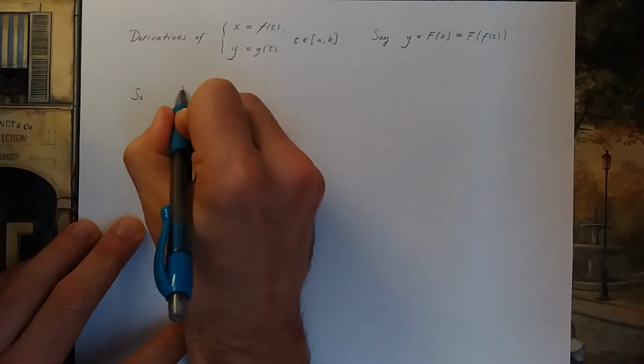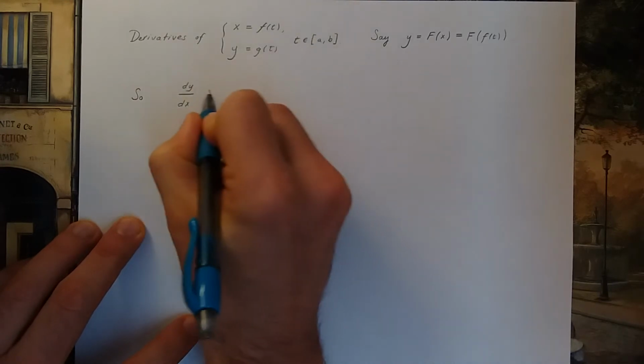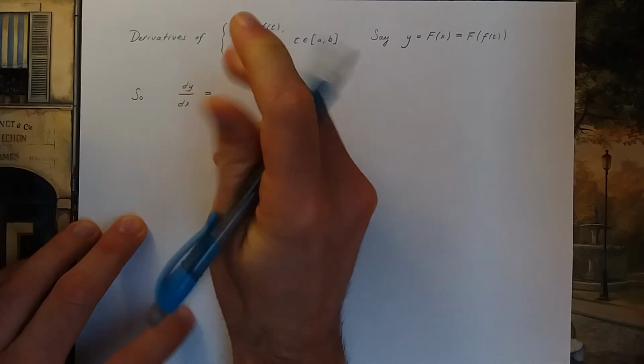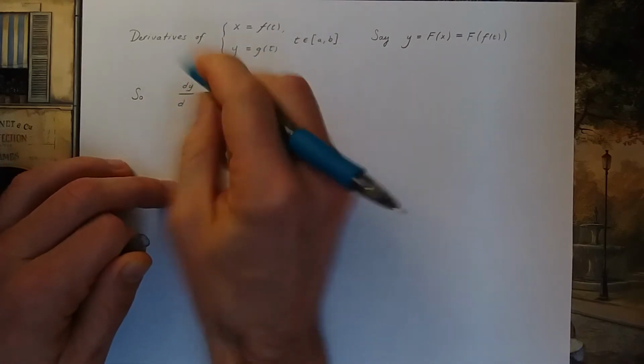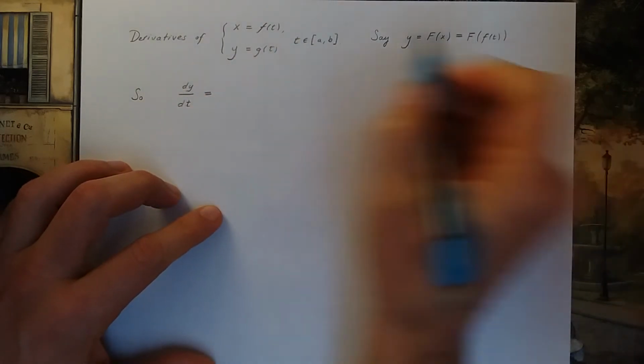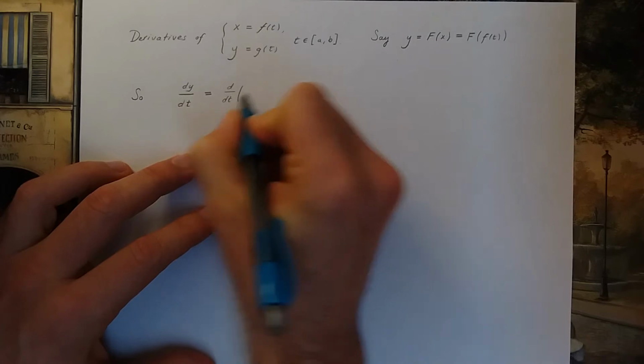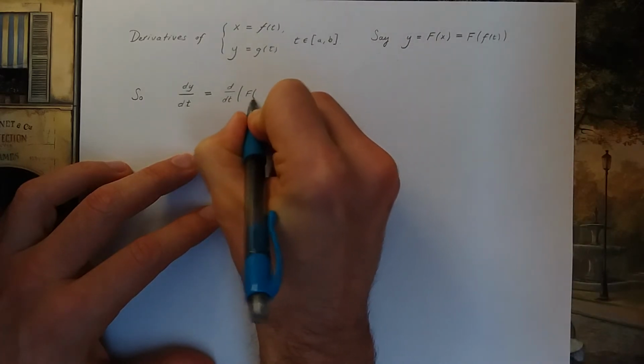So what we have is the derivative dy dx. Actually, let me do dy dt. The derivative of y with respect to t will be the derivative of these two functions composed.